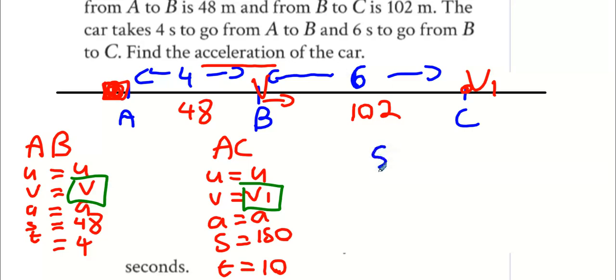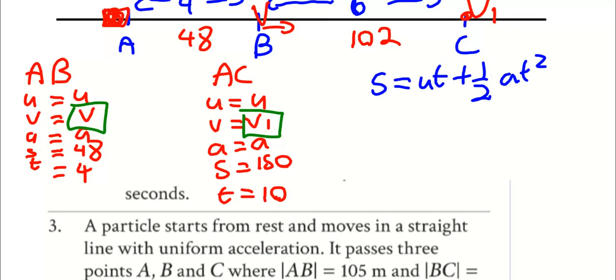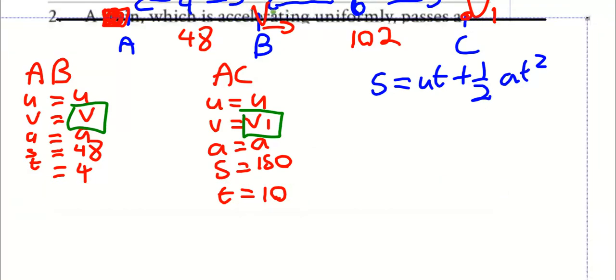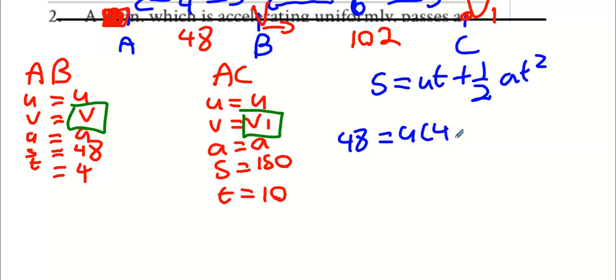Okay. Now, I am at the stage where I'm going to be quiet. So, what we're looking at here is the following, okay? Make this longer. Okay, so here we go. We're going to have 48 equals U multiplied by 4 plus a half A times 4 squared, and 4 squared is 16.